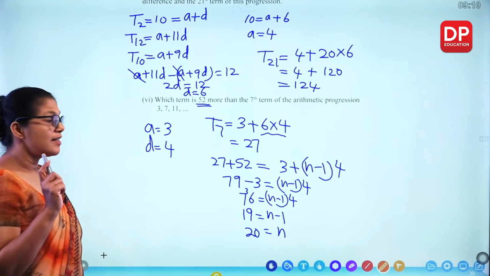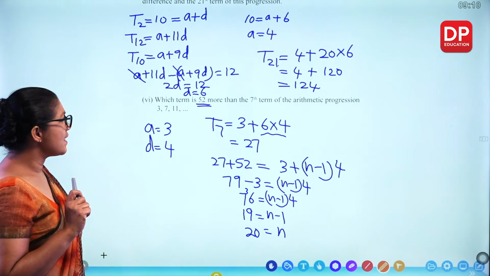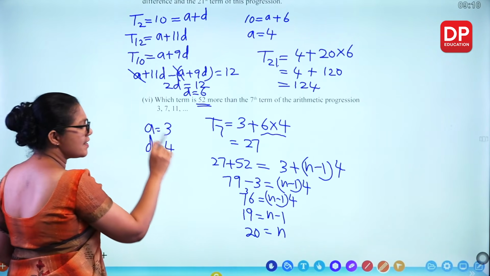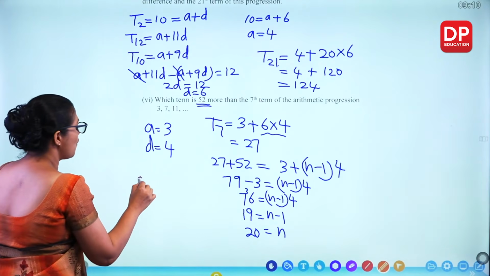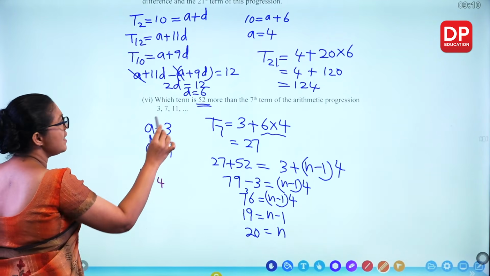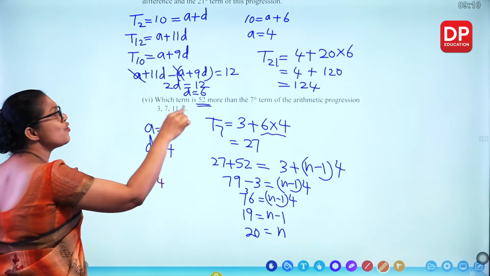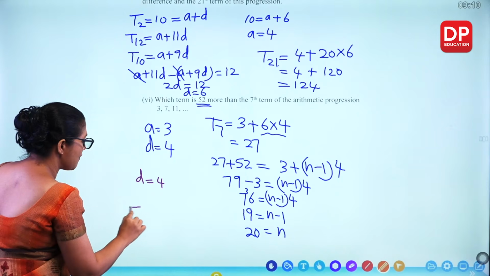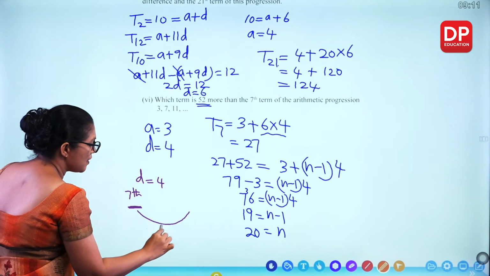Here you can do this question using another easy method. Now see, difference is 4 and this is increasing by 4. So 52 is more than the 7th term. If the 7th term is here, you get another 52.